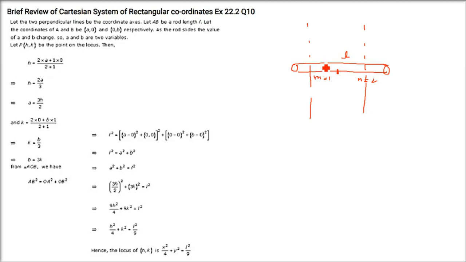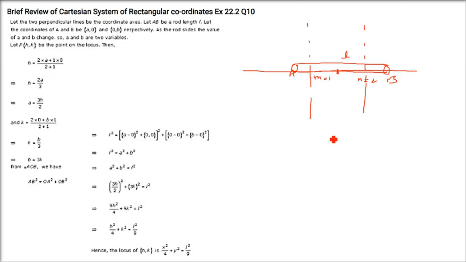In order to get these endpoints, we have to draw the Cartesian coordinate system, put this L on the axes, and then find the endpoints, which will be variable, because the rod is sliding. This rod is not fixed, it is actually sliding. So let me show you what I am trying to suggest.